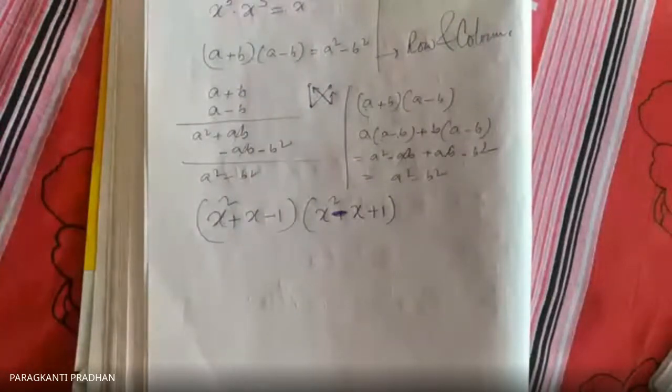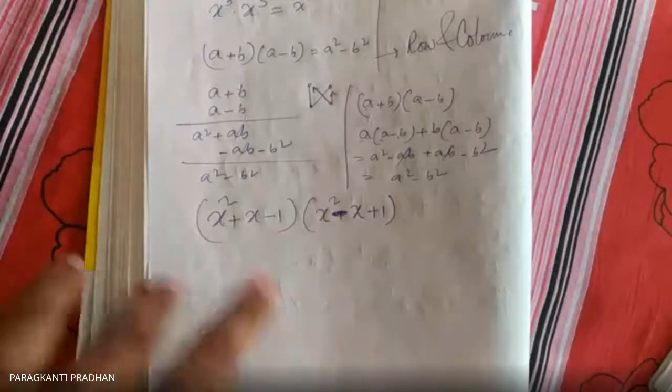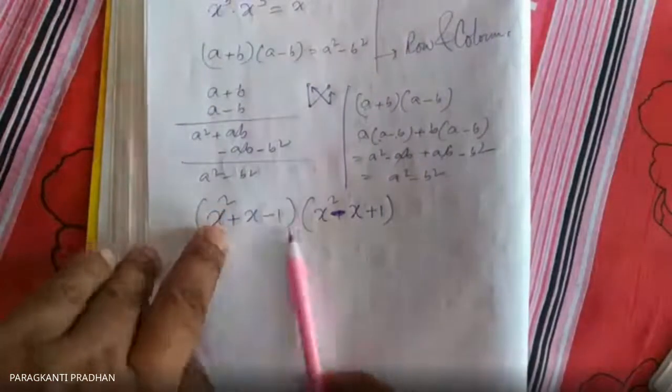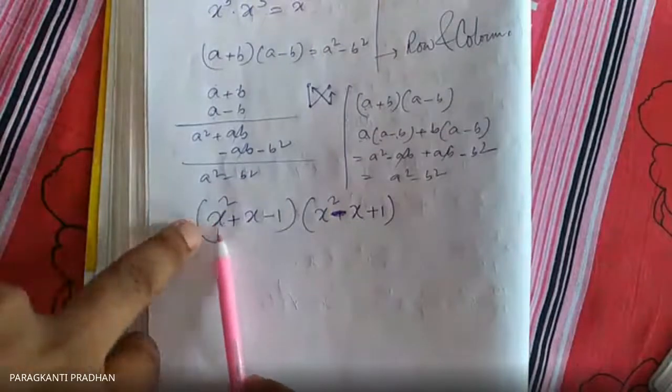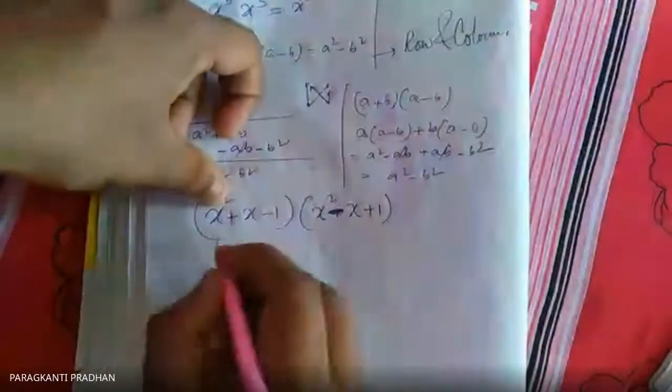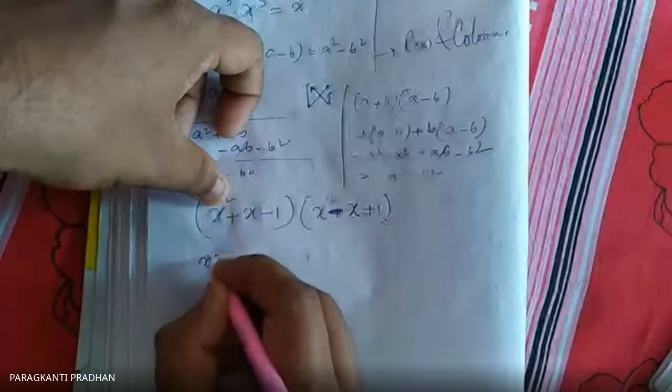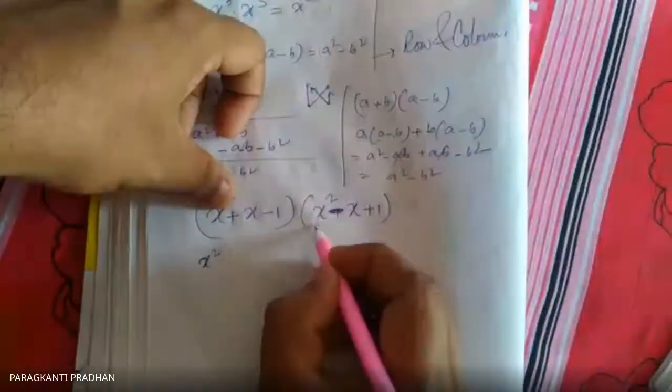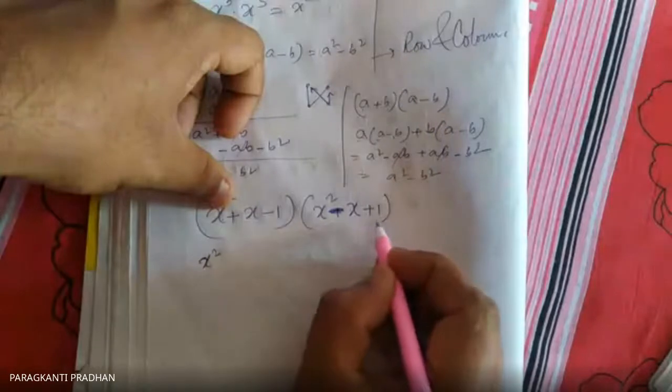Those who have already done it, don't be too smart, let me complete it, then okay. Look, I can do this sum by taking the first term of the first trinomial. We can write this is x square, this is x square, then this is x square minus x plus 1.